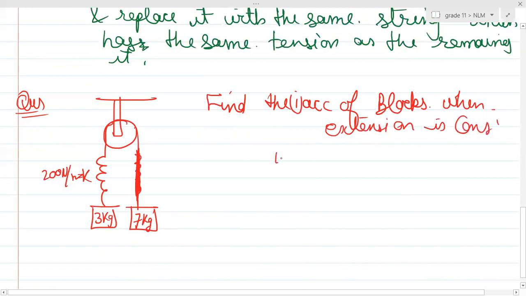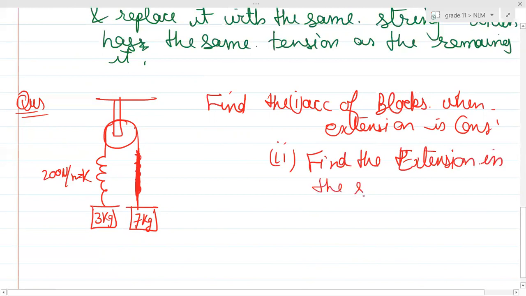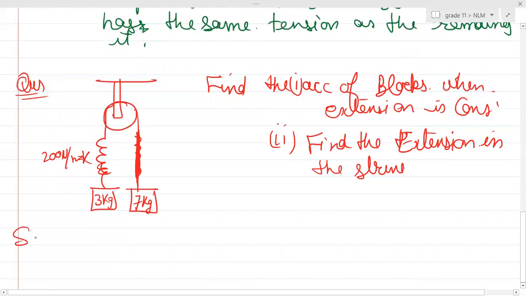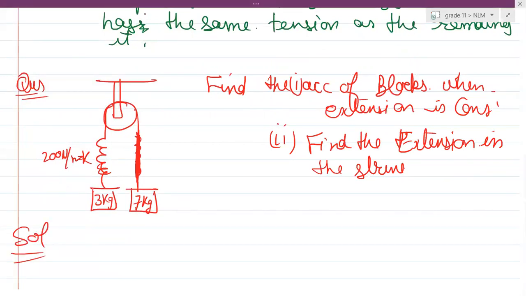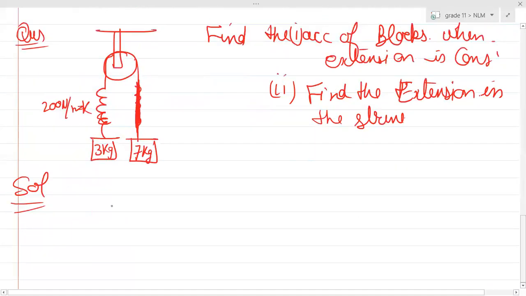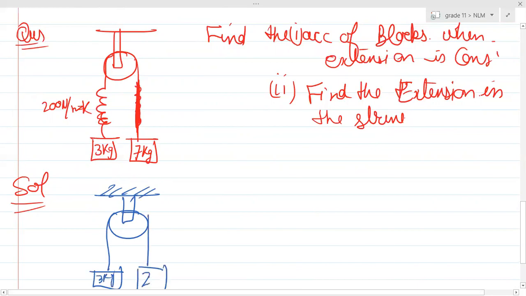The second thing is to find the extension in the string. For that, you will require the tension. So first thing first, you will consider the spring to be ideal. How will you solve this? We'll consider the 3 kg and 7 kg.